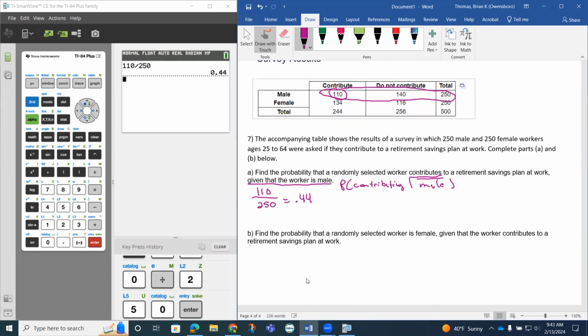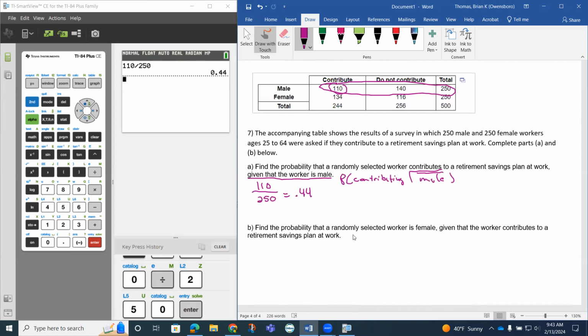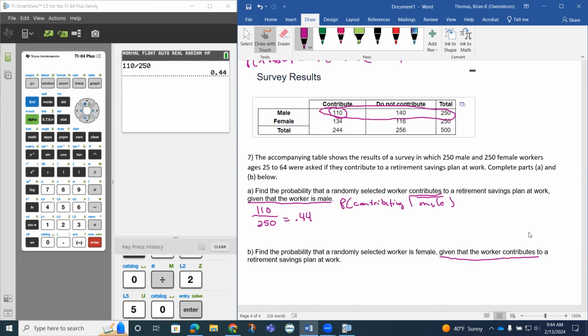The next example says, find the probability that a randomly selected worker is female, given that the worker contributes. This again is the key part: given that the worker contributes, this is what's happened. If I go back up here to my problem, let's erase this. Now they're saying contributing has happened, so now we're focusing on that.